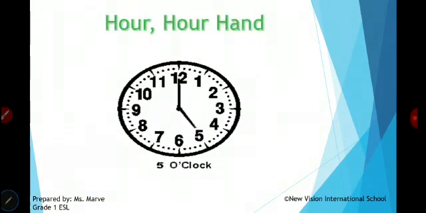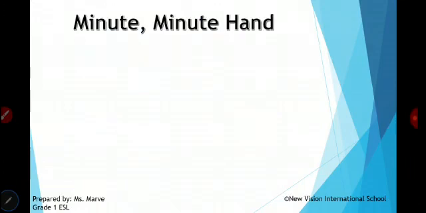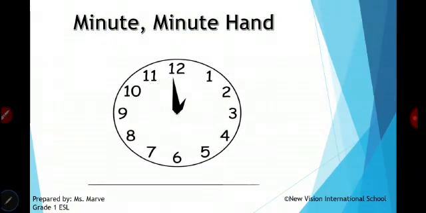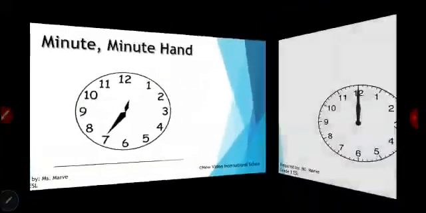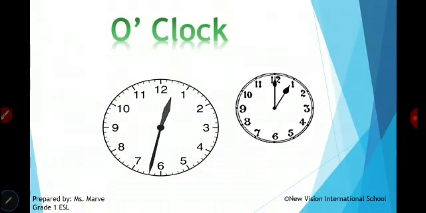The short hand that is moving around the clock is called the hour hand. The minute hand. The long hand that is moving around the clock is called minute hand. O'clock. The long hand that is moving around the clock and stops at 12, we call it o'clock.